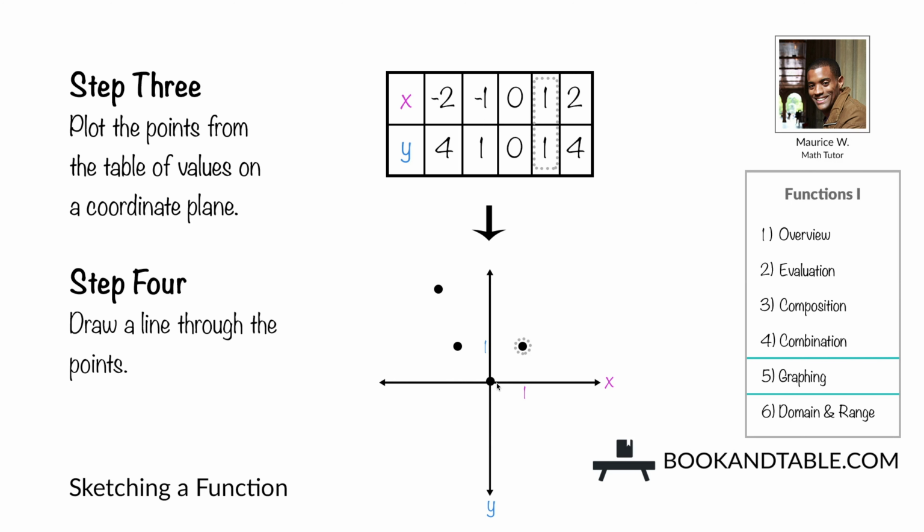Our fourth point is +1, +1. And our fifth point is +2, +4. And since we know we had a quadratic, x squared, we know the line we are drawing is going to be slightly curved through these points. So this would be the sketch of f of x is equal to x squared.